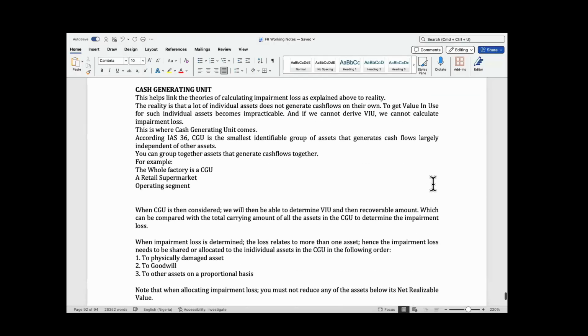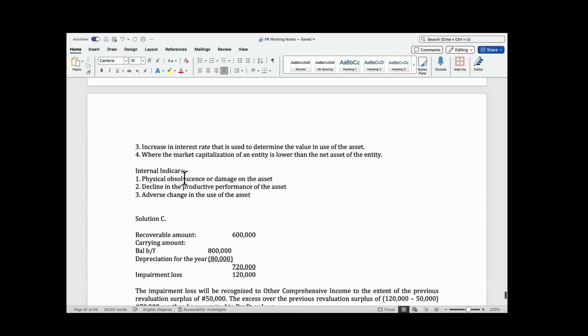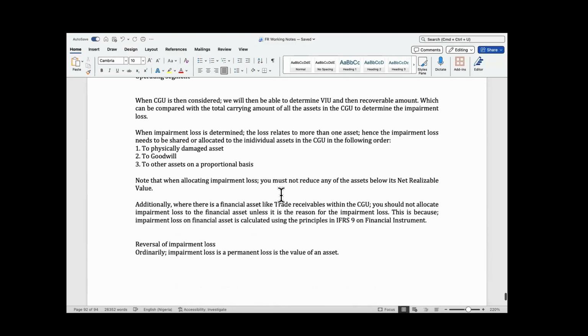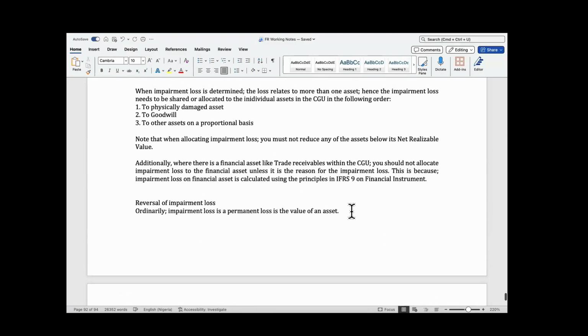If you look at the indicators, they are powerful: physical obsolescence, damage, decline in productive performance, adverse change in the use. An asset that is damaged, we might not be able to recover in most cases. It will affect its performance. So it's a permanent loss.